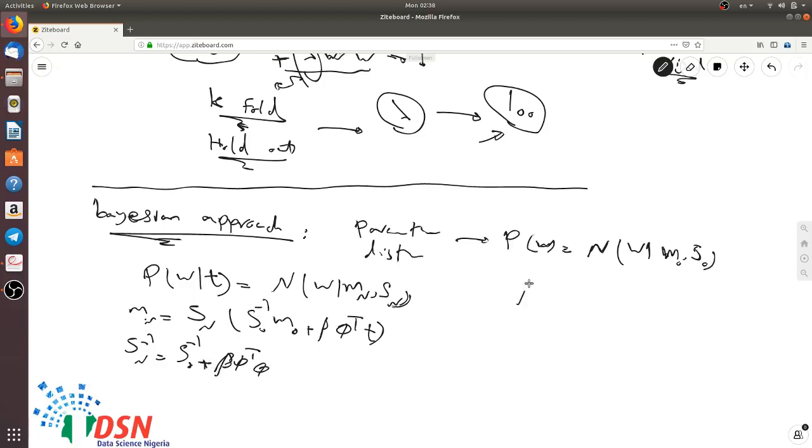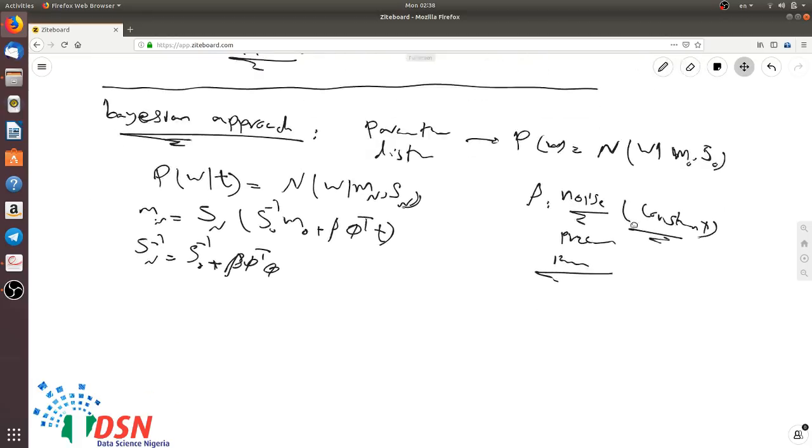And beta is actually the noise precision parameter, for now you just think that it is a constant. Noise precision parameter. So it is just a constant now.